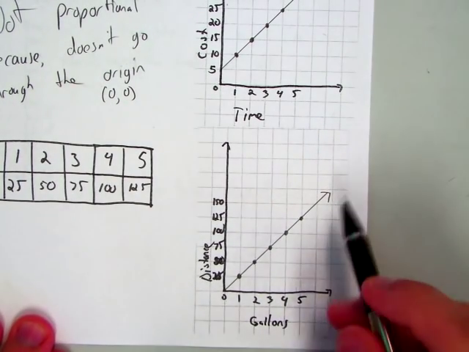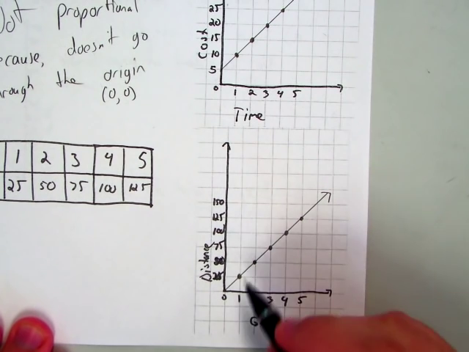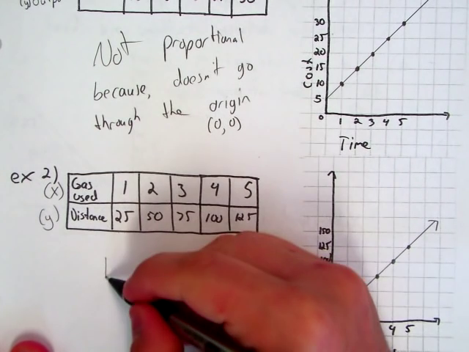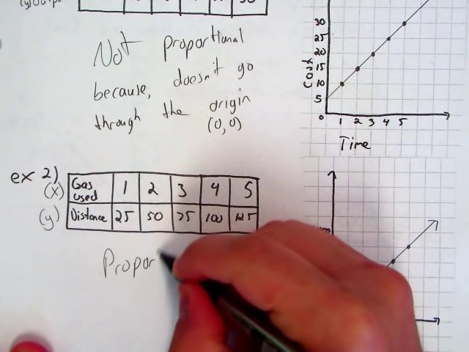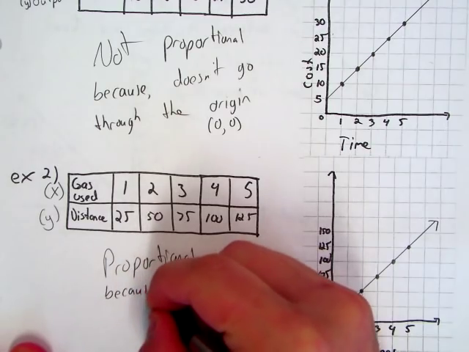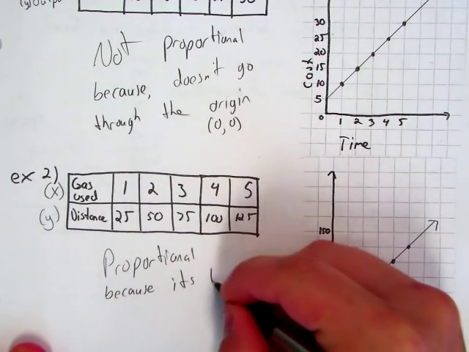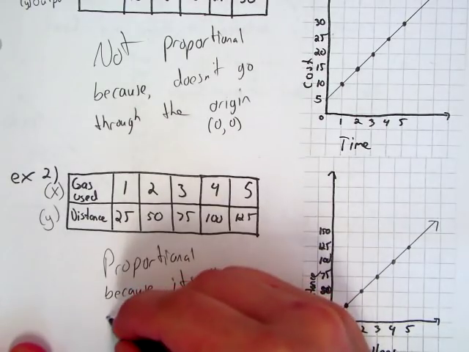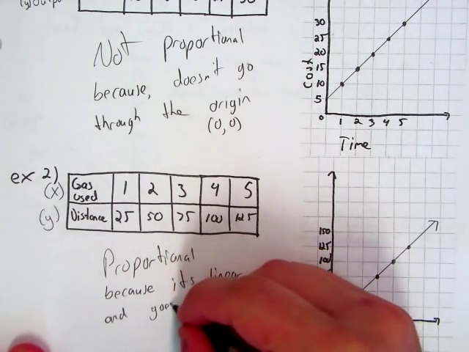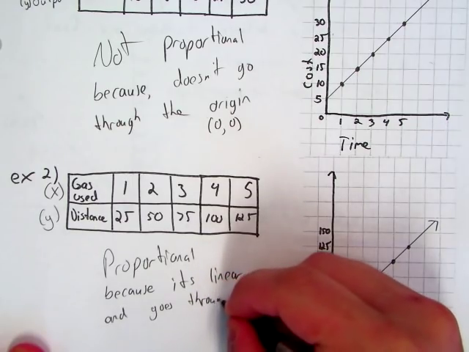And in this case, it is linear, and it is proportional because it goes through the origin. So this is proportional because it's linear and goes through the origin.